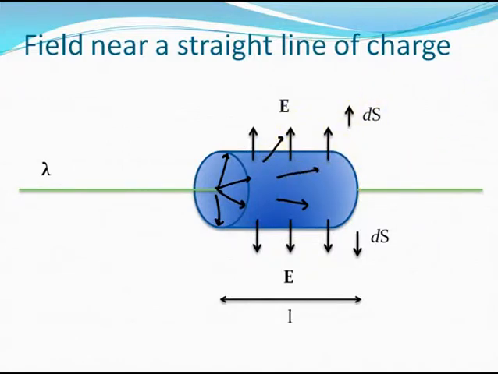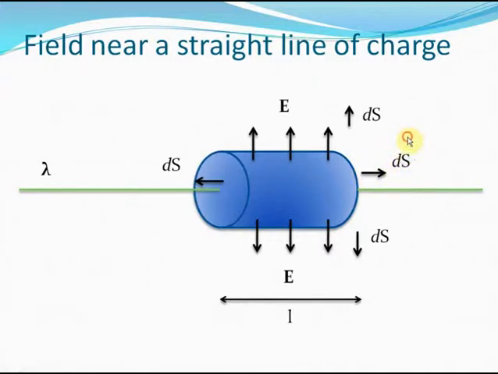However, when you consider the two sides of the cylinder, you can see that the area vector for these two sides will be perpendicular to the electric field because of the straight line of charge, isn't it? After all, the electric field will always be directed perpendicular to the straight line of charge, while the area vector on the sides of the cylinder, here and here, is parallel to the straight line of charge.